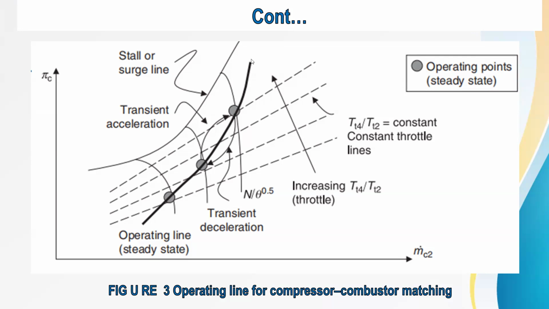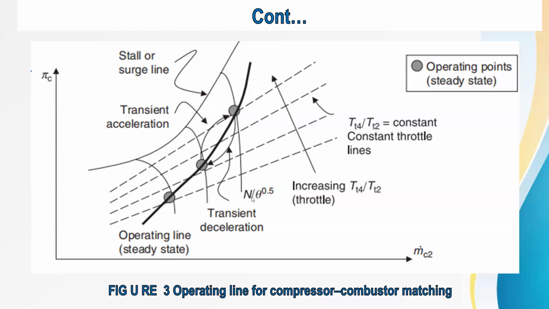The bold line indicates the operating line or steady state line, and on the steady state line we can see different conditions at different sections. Transient deceleration is represented by backward flow here, and the transient acceleration is the forward flow from node 2 to node 3. So that is transient acceleration.